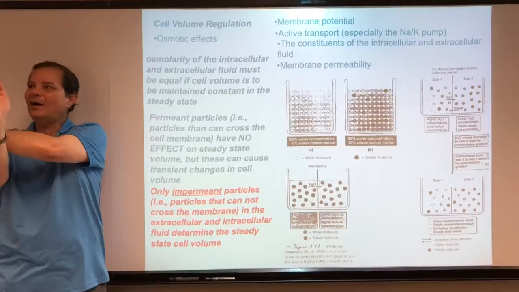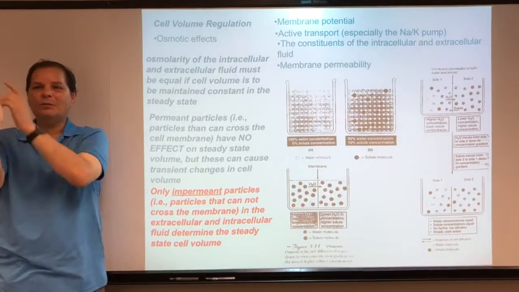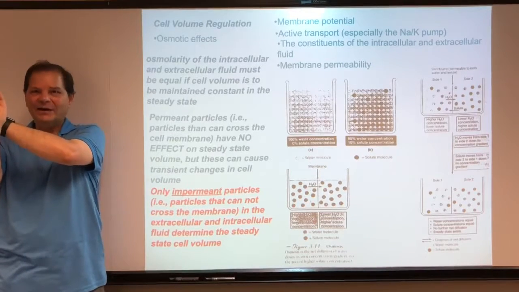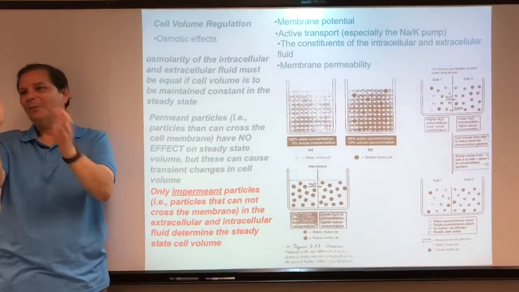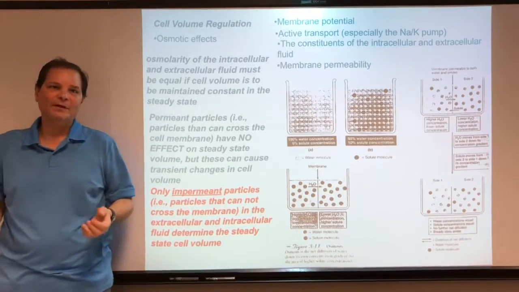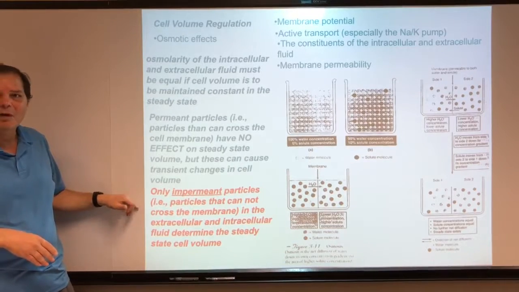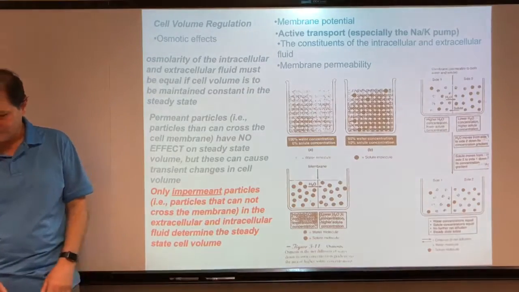And it will move from high concentration to low concentration. Water will move from here to here until the osmolarity on this side increases and the osmolarity on this side drops to the point where the osmolarities are equal again. So membrane impermeant molecules are the ones that cause water to move, and they're the ones that affect cell volume.